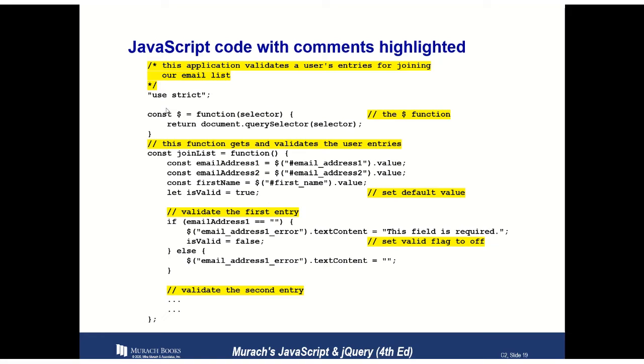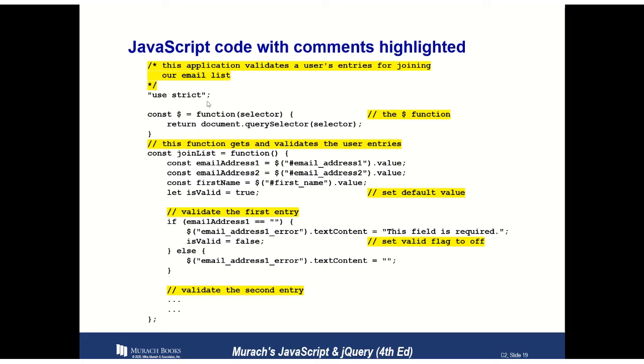As I said, there are two types of comments. One kind is free text. If you want to put a lot of things, the recommendation is to use forward slash star, then your descriptive comment, and then end it with star forward slash.